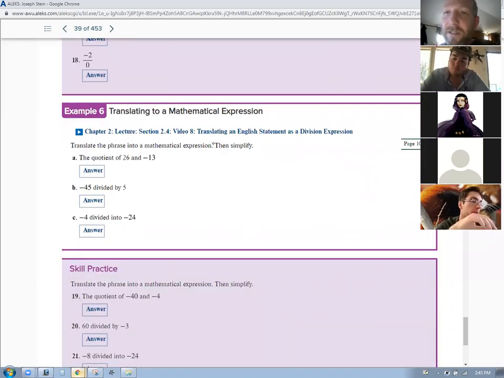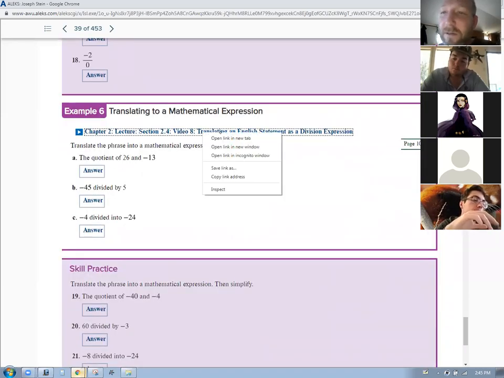Example 6, let's check out their little video here. Open it in a new window.